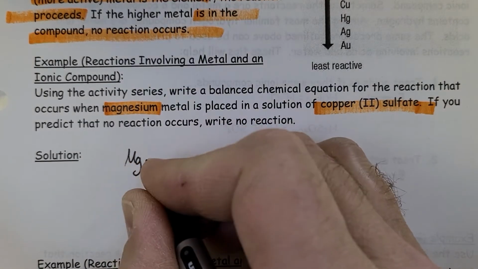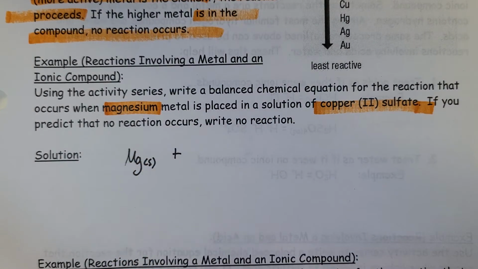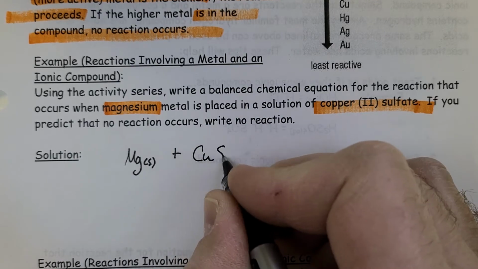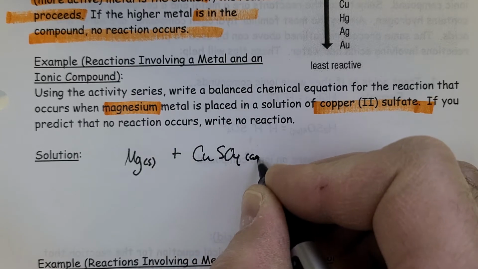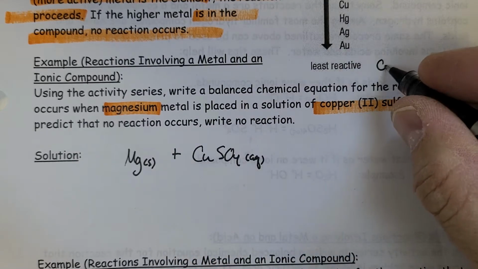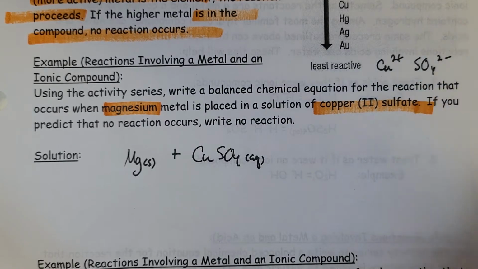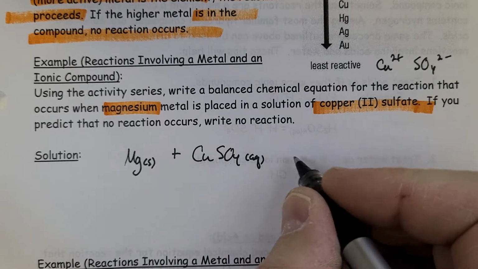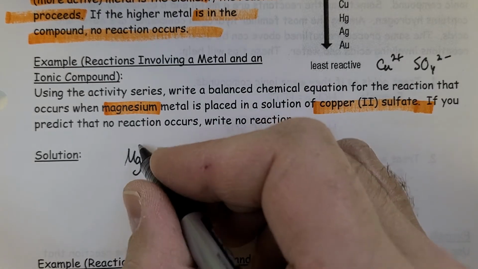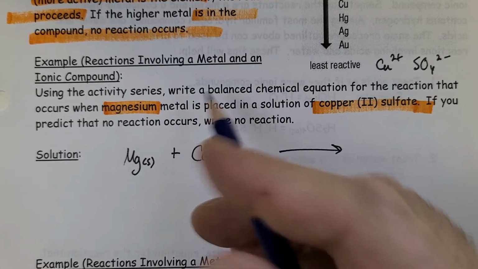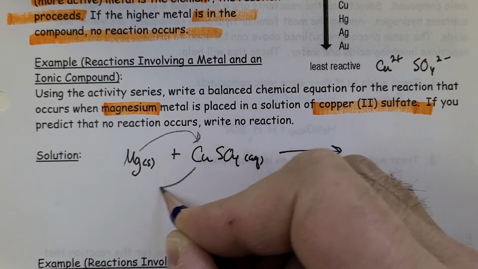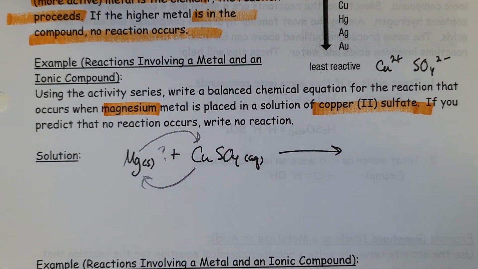So we have solid magnesium, so that's the individual one, and copper(II) sulfate. And of course, copper(II), Cu2+. And if you look at our periodic table, we'll see that sulfate is SO4 2-, so they come together 1 to 1.